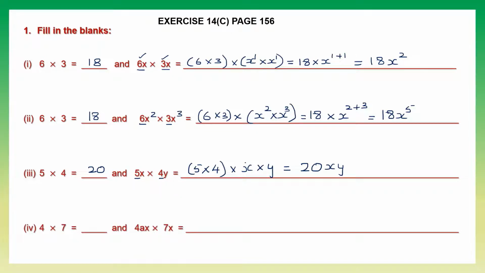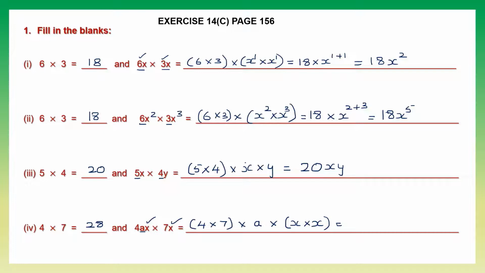Next one. 4 into 7. 4 7s are 28. And here, let's take the numerical coefficients. 4 into 7 into a, there is only one a, so we'll write a, into, we have 1x here and 1x there. So that will be x into x.